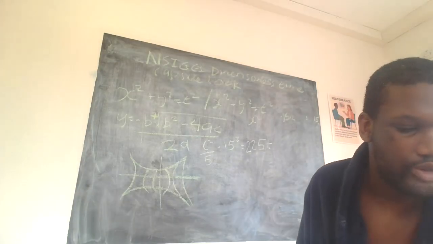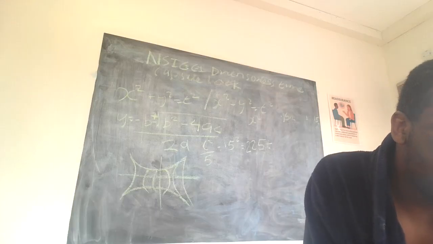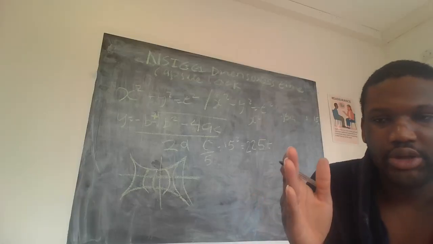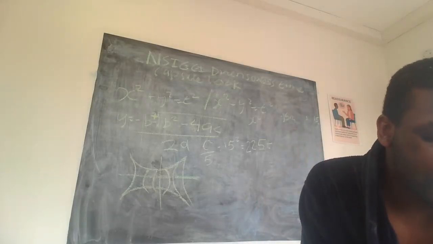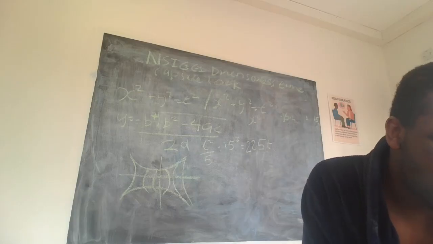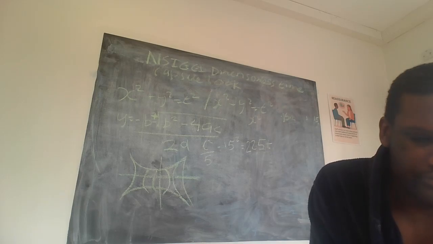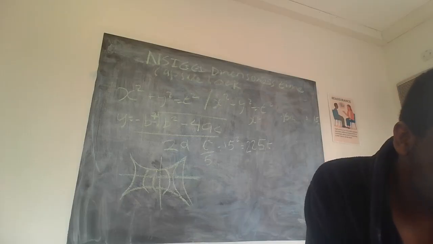You can have a value 25, which is x times x, so 5 times 5 is 25.